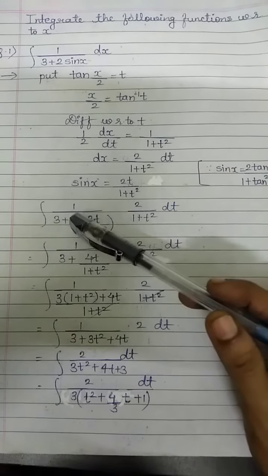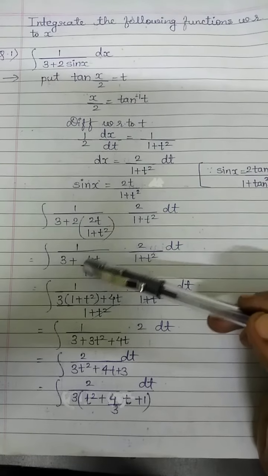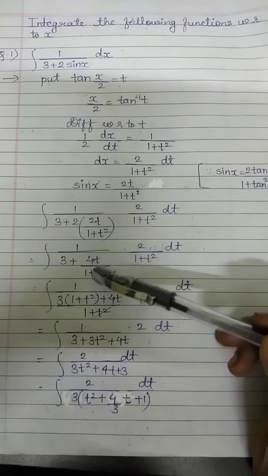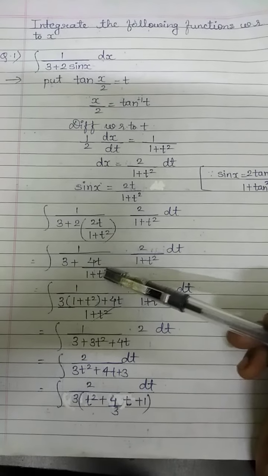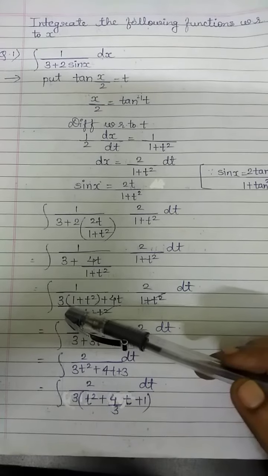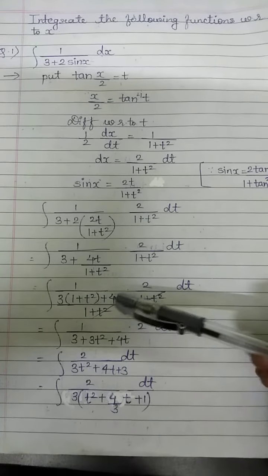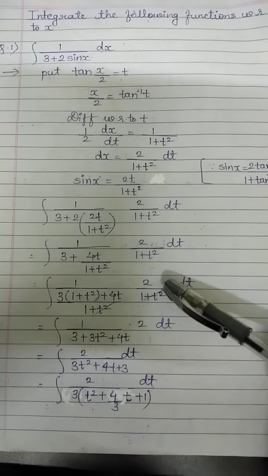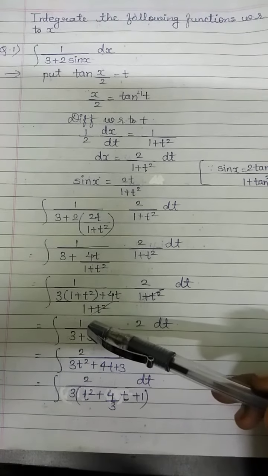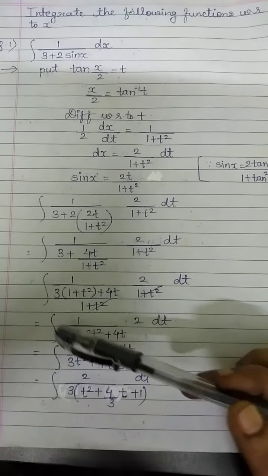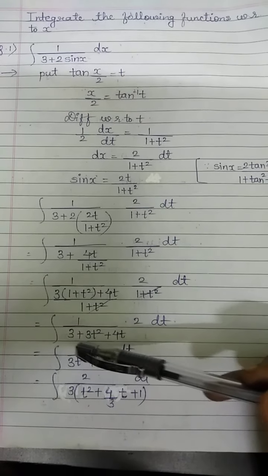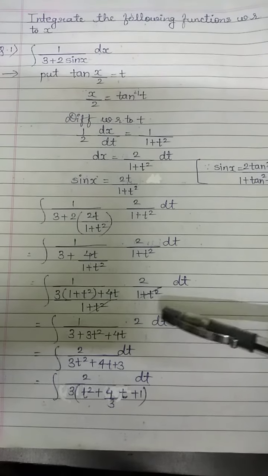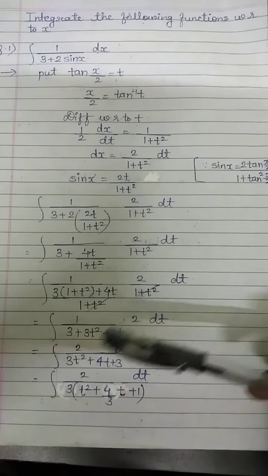Now we will simplify this, 2 2s are 4, so here we will get 4t and remaining terms will be as it is. Now if we cross multiply here, then we will get 3 into 1 plus t square plus 4t upon 1 plus t square in the denominator. So 1 plus t square gets cancelled. So integration of 1 upon 3 plus 3t square plus 4t into 2 dt. Now this 2 we can write here.